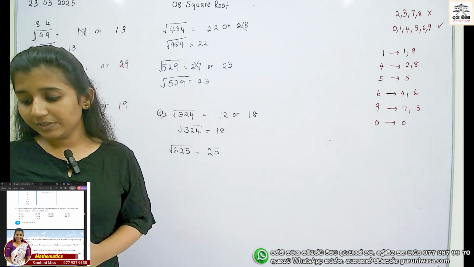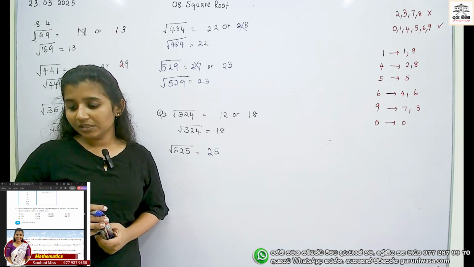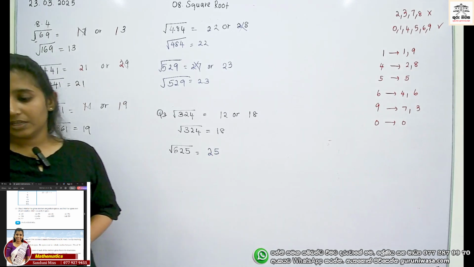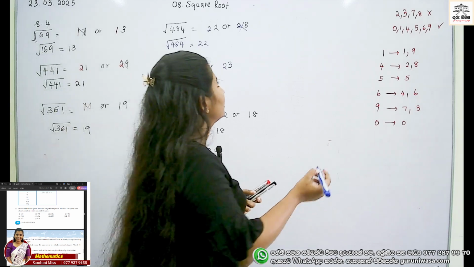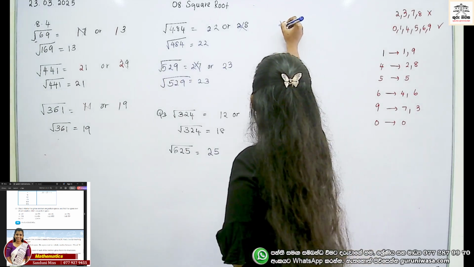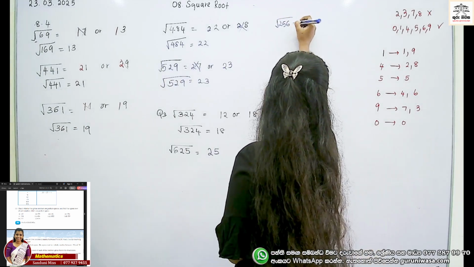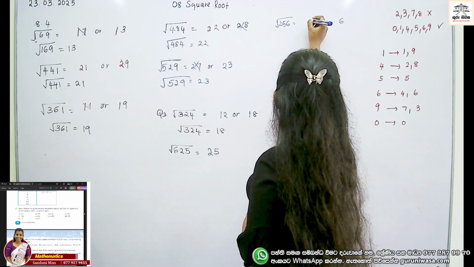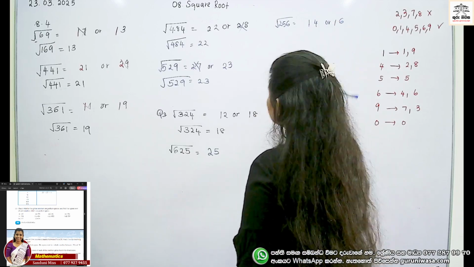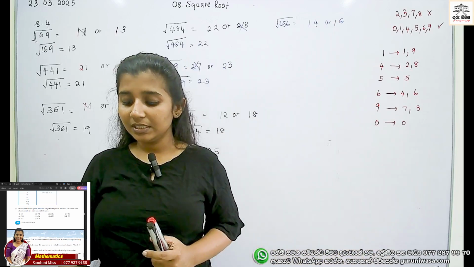Find the square root of each of the numbers given below by observation. The same way, 256. 6, you will be having 4 or 6. 2 means 1, so 14 or 16. 14 or 16.